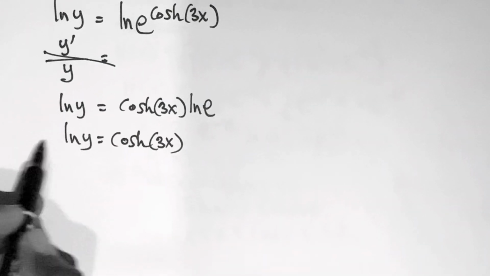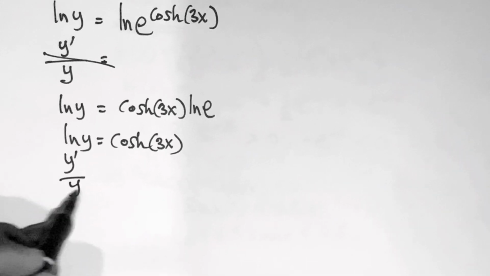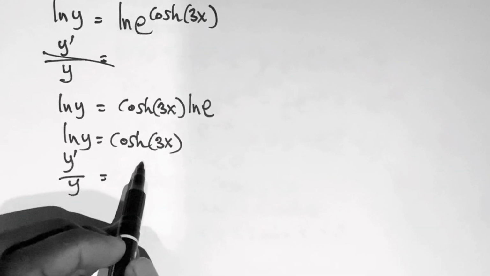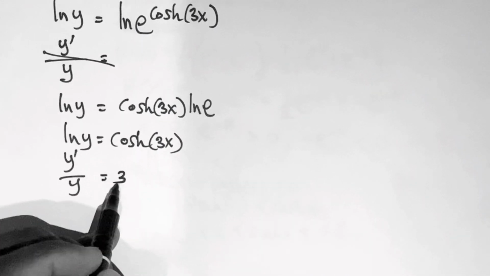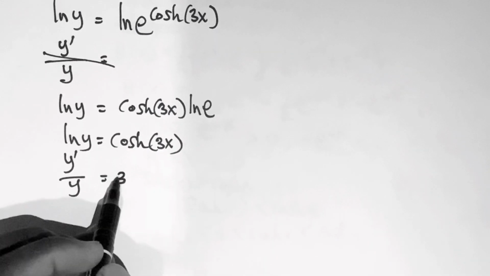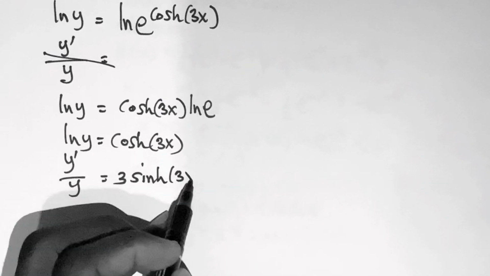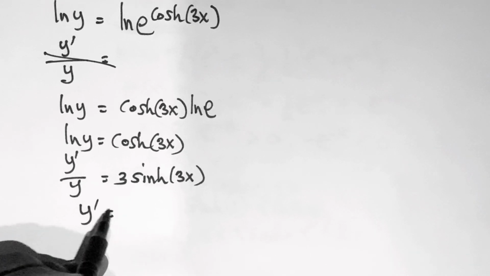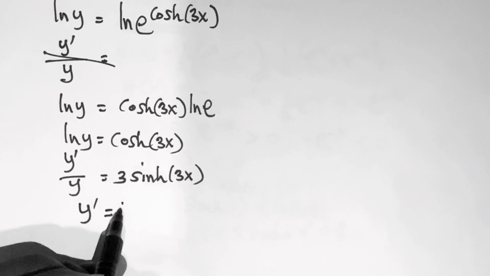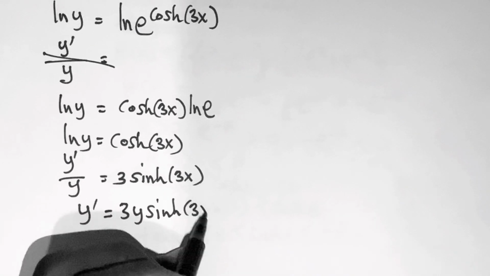So now, in taking the derivative, if you differentiate ln y, it is y prime over y equals, if you differentiate cos 3x, you first differentiate 3x, which you will get 3. Then you differentiate cos 3x, which you are going to get sin 3x. So this implies that y prime is equal to 3y sin 3x.